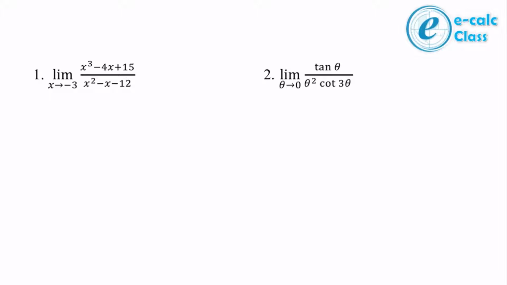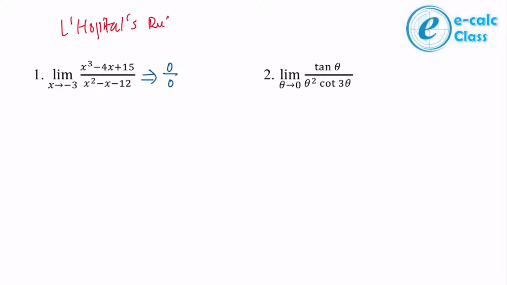So what is your next approach? If you have a look at it, it is actually 0/0 if you put in -3, isn't it? Okay, let me write like this, 0/0. So now you have the passport to use L'Hopital's rule.